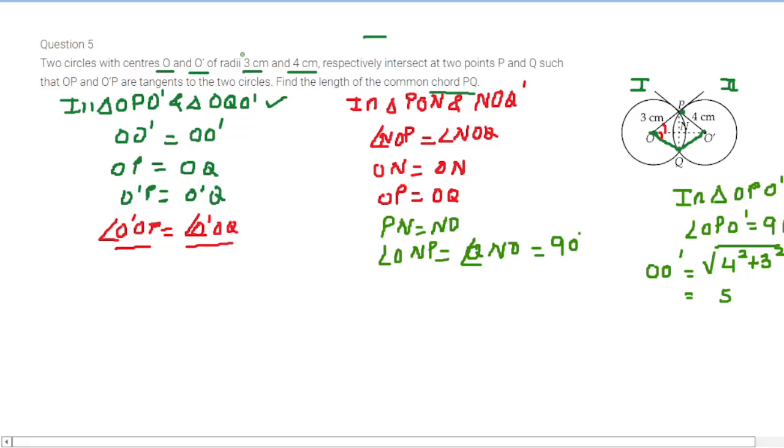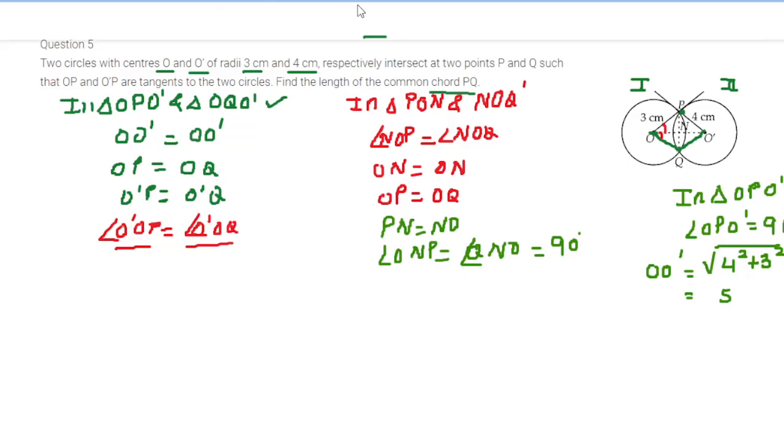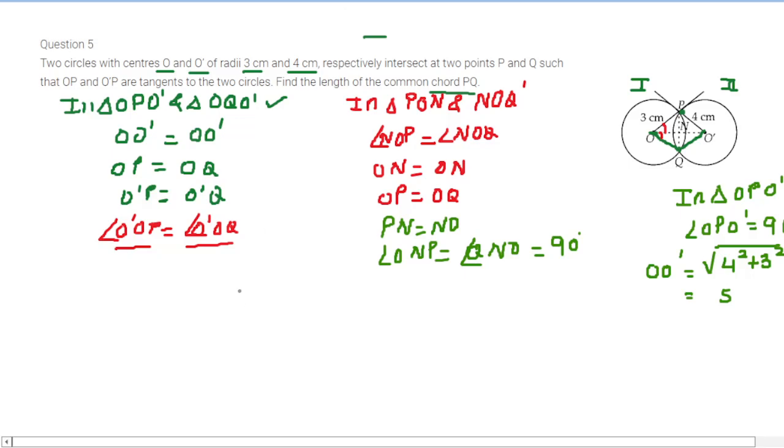Now let's assume that ON is x. We have just got OO dash equal to 5 centimeters. So this implies NO dash will be equal to 5 minus x. This complete length is 5, this part is x, and so the remaining part will be 5 minus x.